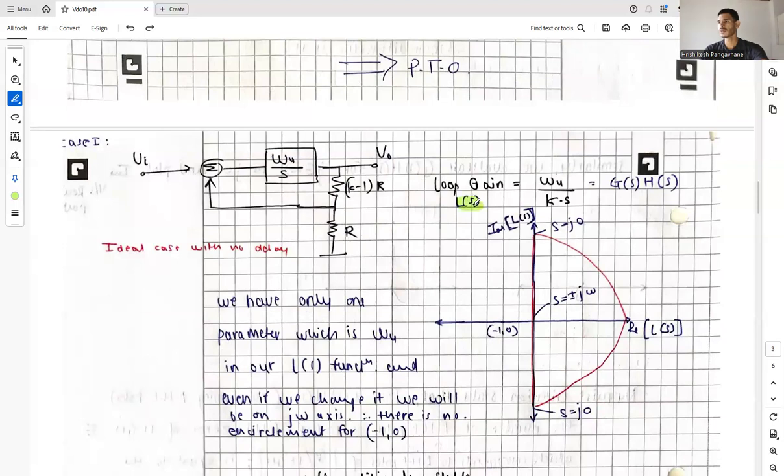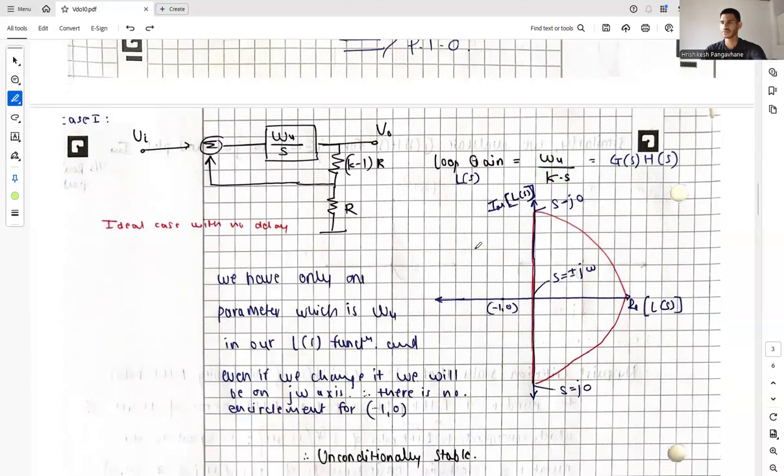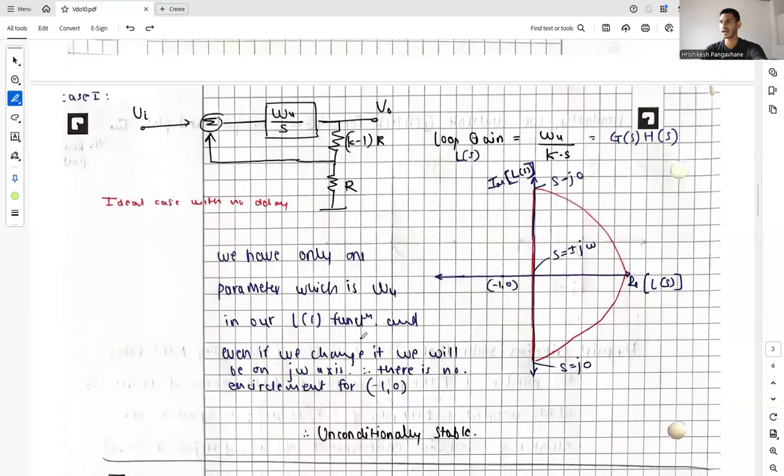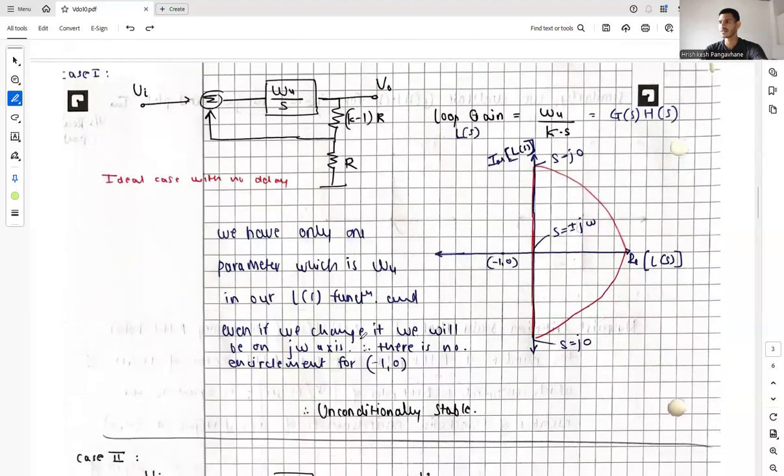We know the loop gain, which is basically G(s)H(s), is ωu by s. In this function, there is only one parameter which is going to be changed, and that is ωu. Even if we change it, we will be on the jω axis only when we plot the imaginary versus real parts of the function L(s), which is our loop gain function.